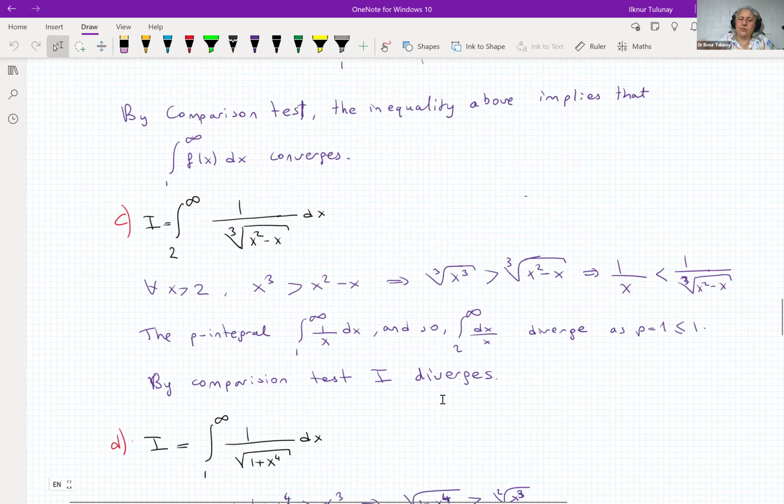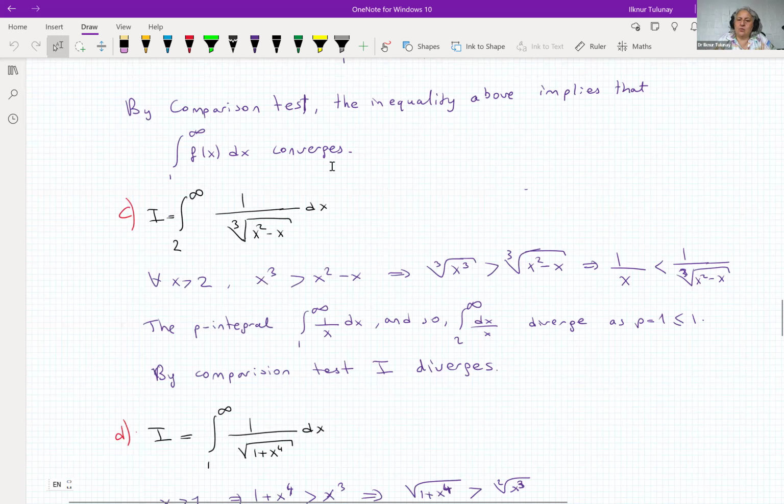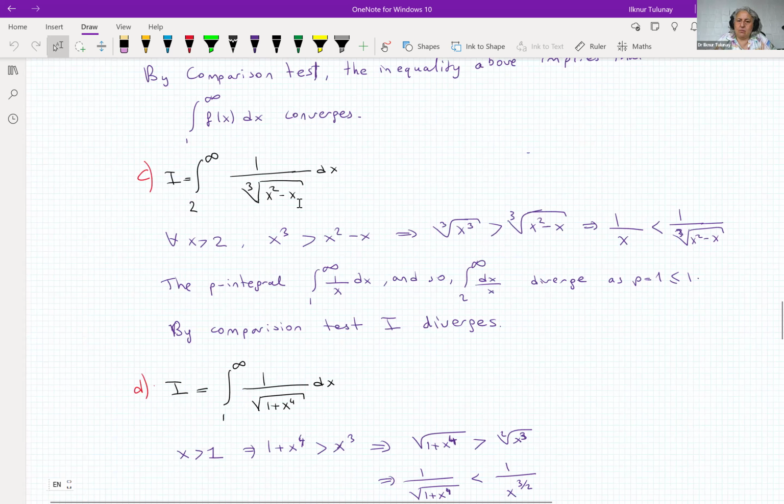Now part C. This is straightforward in some sense. Since x is bigger than 2, x cubed is bigger than x squared minus 2. And then we take the third root on both sides. And then we flip over. So this bigger sign becomes a smaller sign.